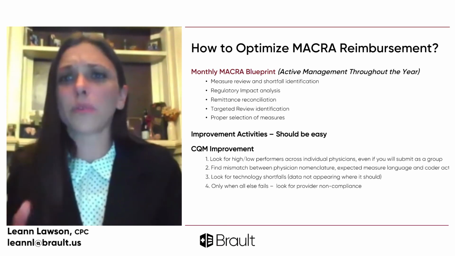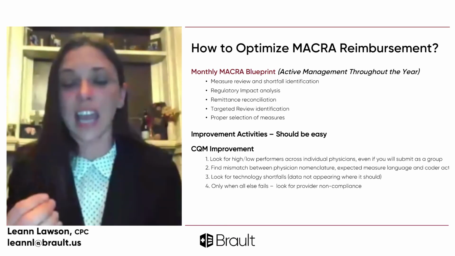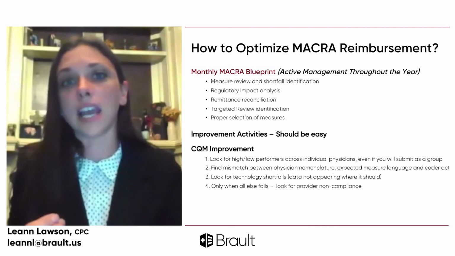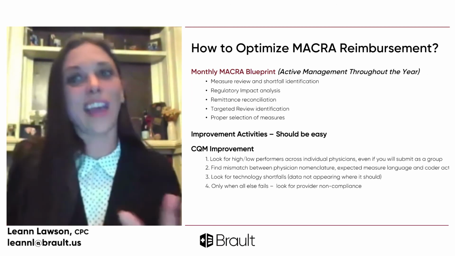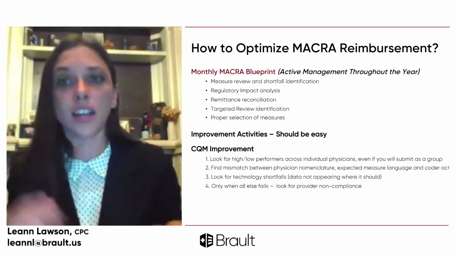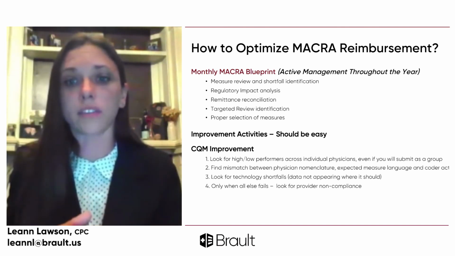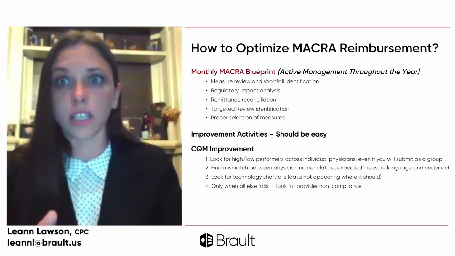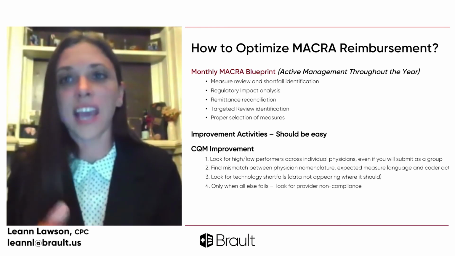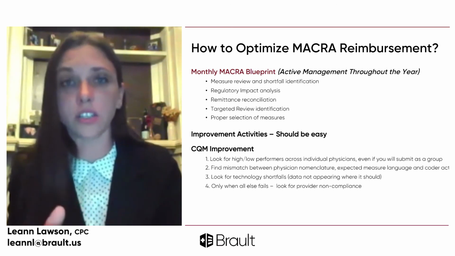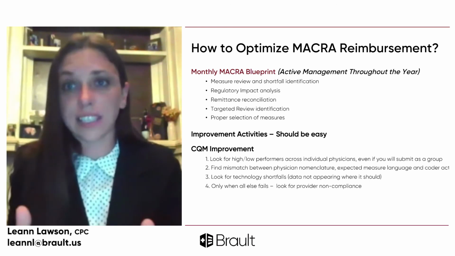If we have those low performers, we can take that and really identify, is there some kind of nomenclature or different language that physicians are using that is not exactly lining up with what our coders are looking for, let's say from the specifications from CMS, and identifying those issues, and then fixing them.